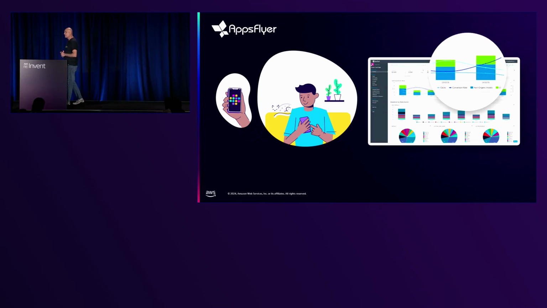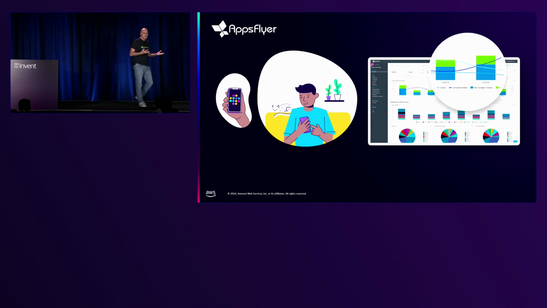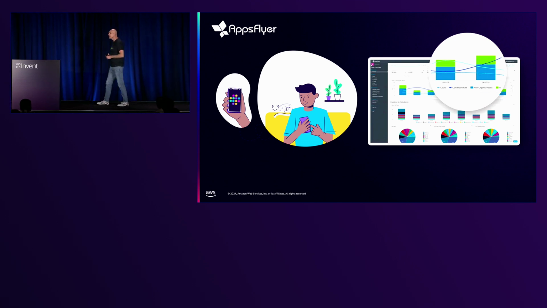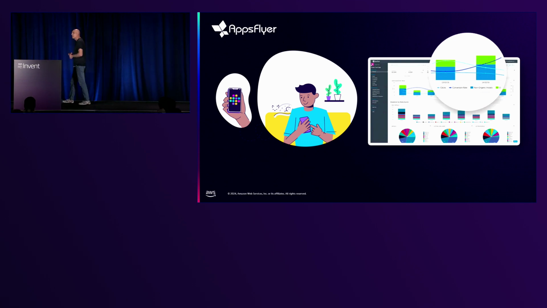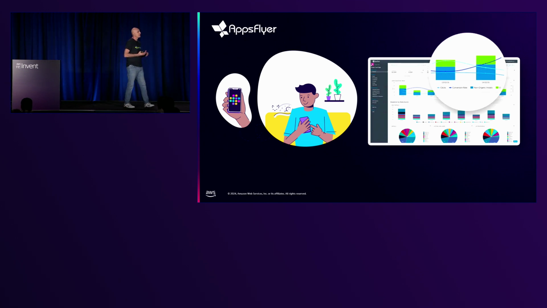For those that are not familiar with AppsFlyer, I will not deep dive into any marketing details. I will try to simplify what we are doing. We are a digital platform that measures the effectiveness of marketing campaigns running on different channels. When I say channels, I mean any channel you are familiar with. It can be Meta, Google, Amazon, TikTok, Snap, anyone you know, we are there.